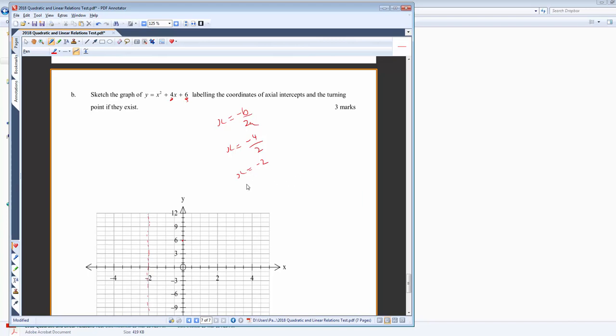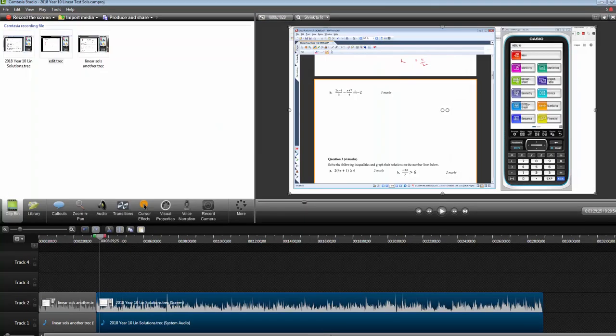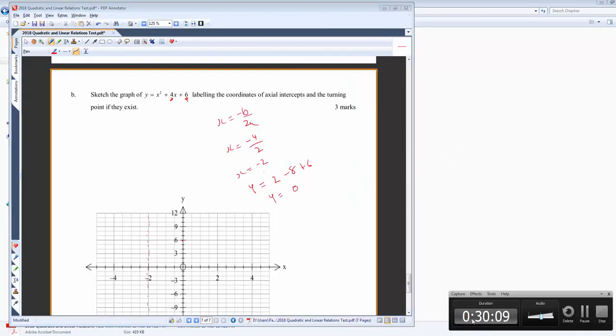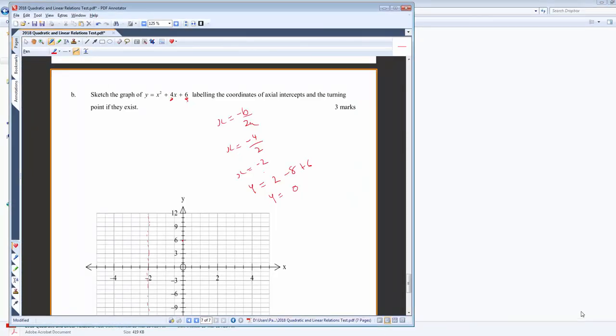Where? Well, if I sub in x equals -2 into that, I'll find the y value. So y equals, now -2 all squared is 2, take 4 times -2 is take 8 plus 6, y equals 0. That doesn't sound right. Okay, spotted my mistake because I knew it didn't turn.